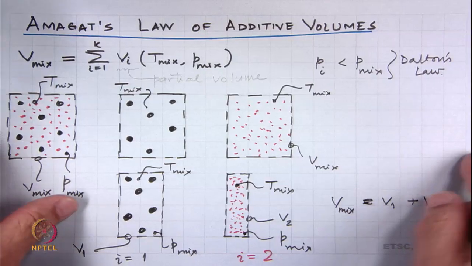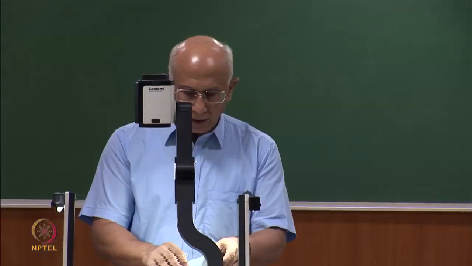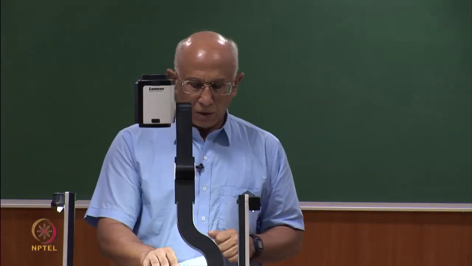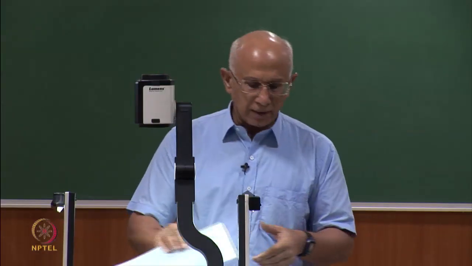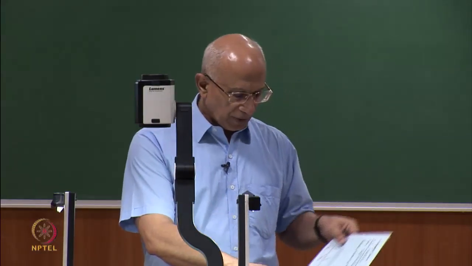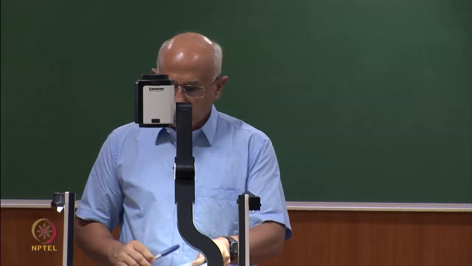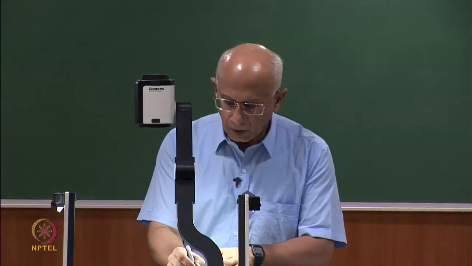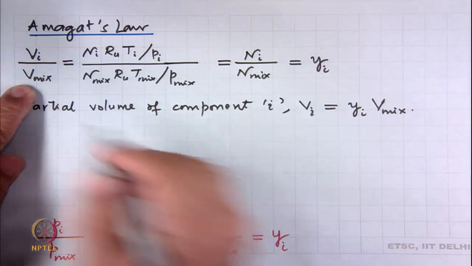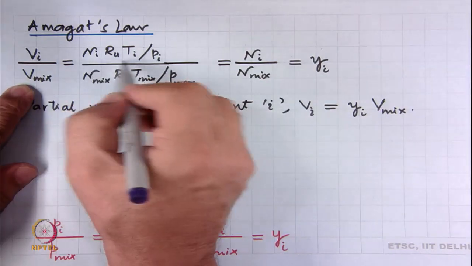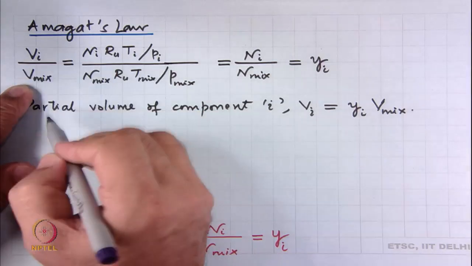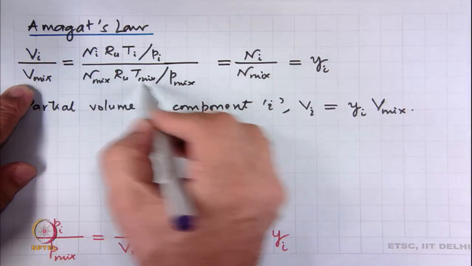So, we now have two ways of connecting various properties of components and of the mixture. So, if we extend Amagat's law like we did with Dalton's law, V_i by V_mix: V_i is n_i R_u T_i by P_i, and volume of the mixture is n_mix R_u T_mix upon P_mix.